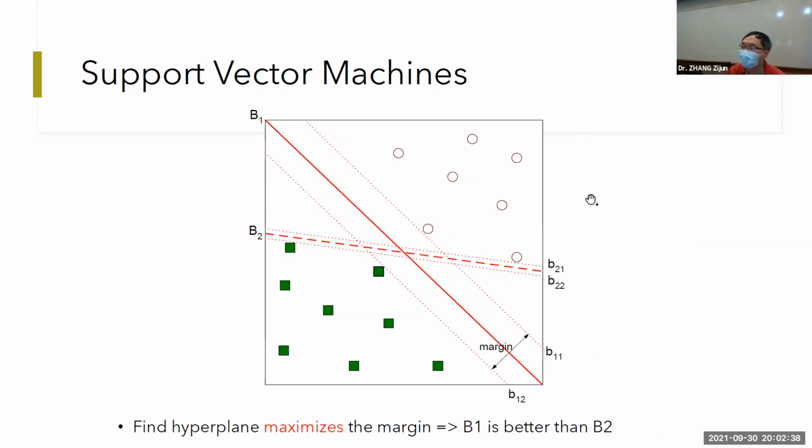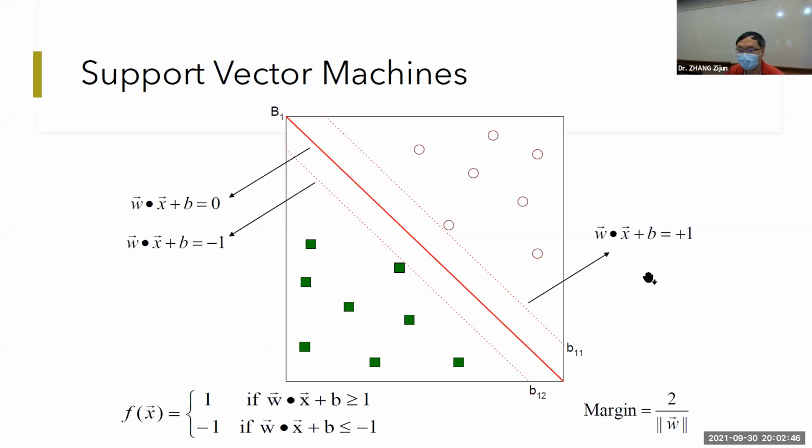Then the problem comes: how can we quantitatively determine the margin based on the decision boundary? Here we need to introduce some definitions. It is a linear line.